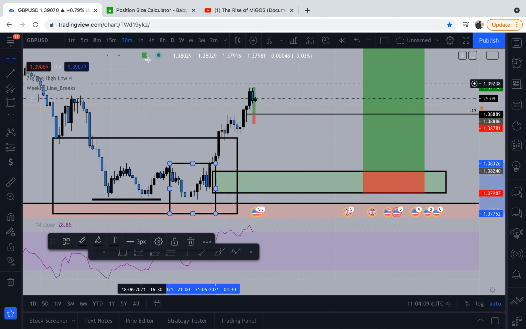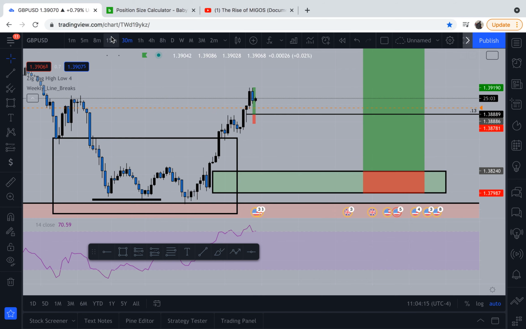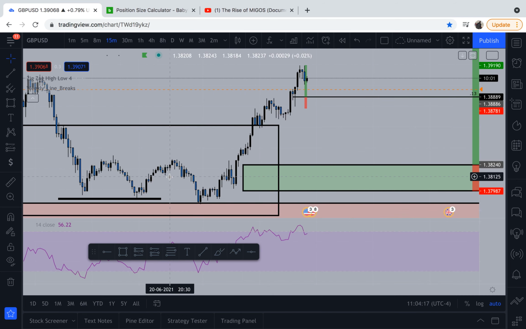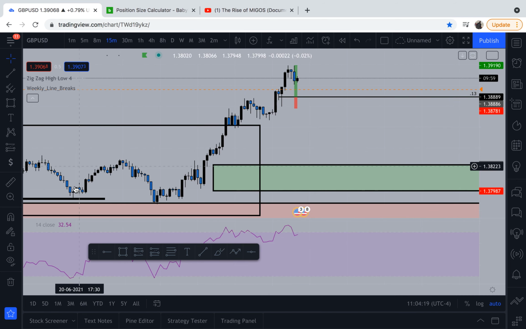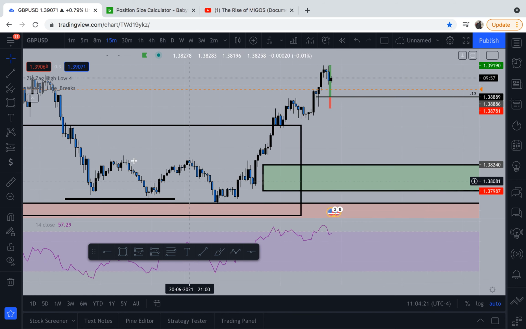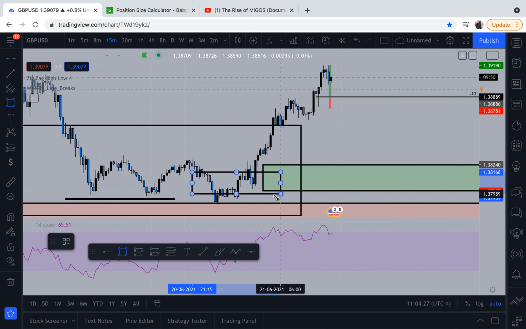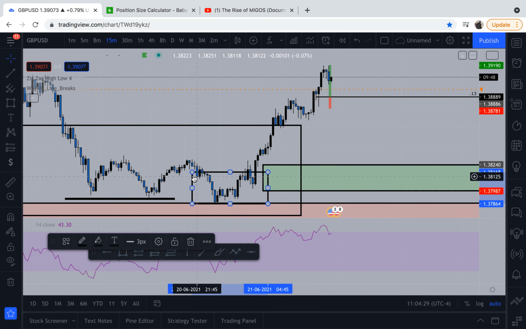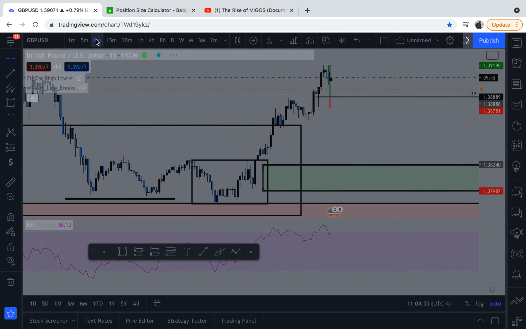But if you really want to zoom in here, the market's fractal, so whatever happens on the bigger time frames happens on the smaller time frames. So as you can see here, we have Wyckoff right here, and we also have Wyckoff right here. There's even a smaller time frame Wyckoff.